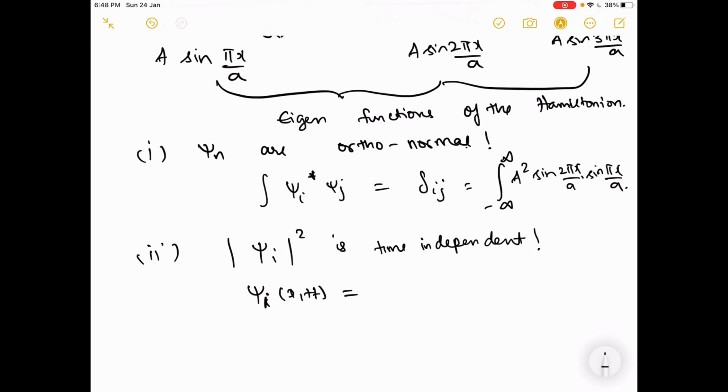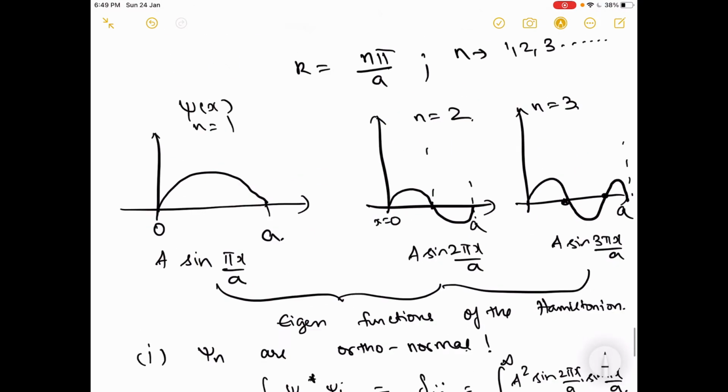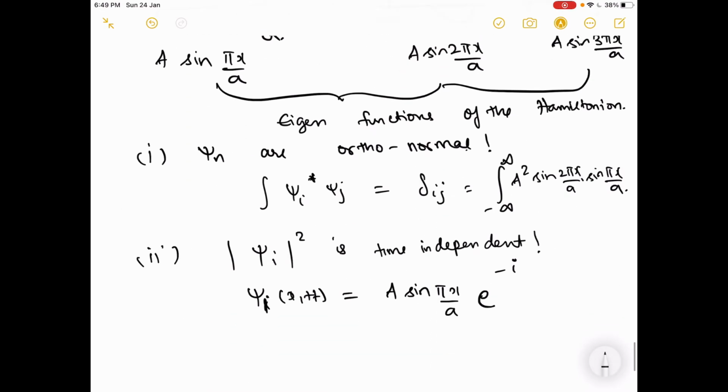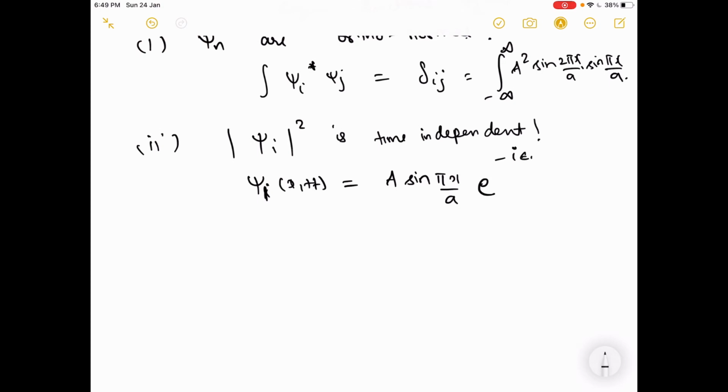Let's say psi_1 of x comma t is A sine pi x by a into e power minus i E_1 by h bar t. And psi_i square is integral minus infinity to infinity A square sine square pi x by a, and the e power minus and plus is constant. So this is again time independent.